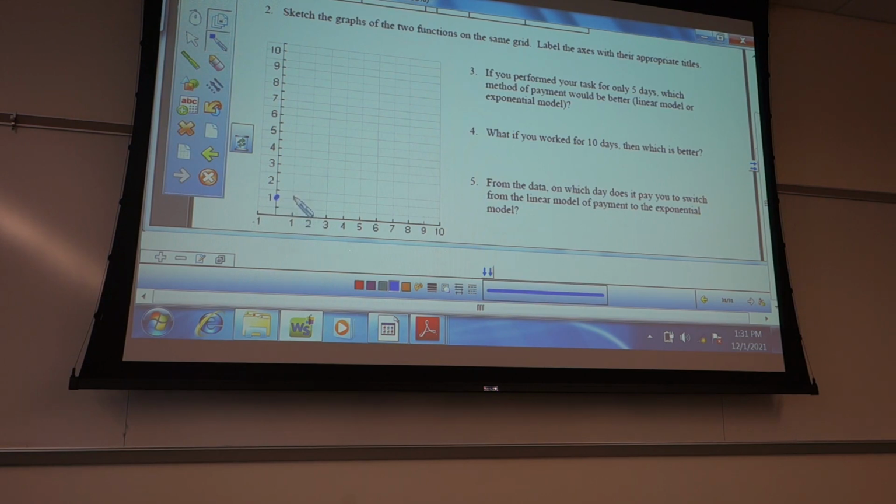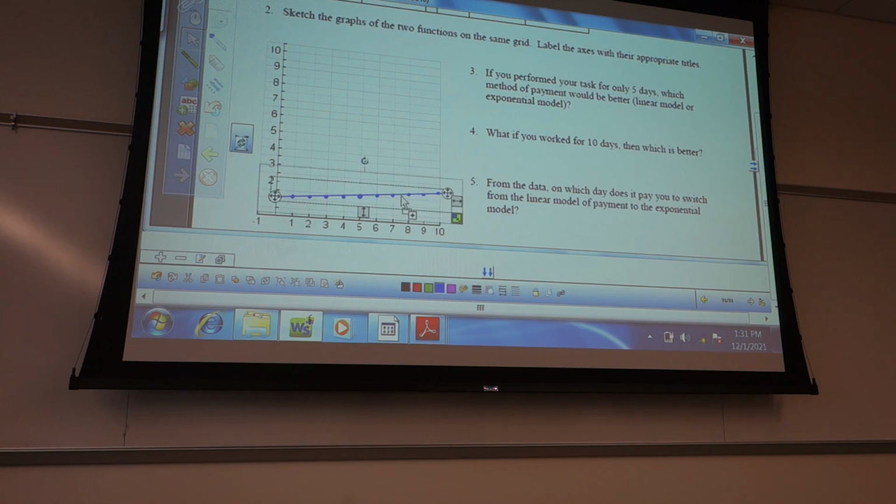After one day, I have $1.10, $1.20, $1.30, $1.40, $1.50, $1.60, $1.70, $1.80, $1.90, $2. Well, that's not very exciting, is it? Roughly something like that.